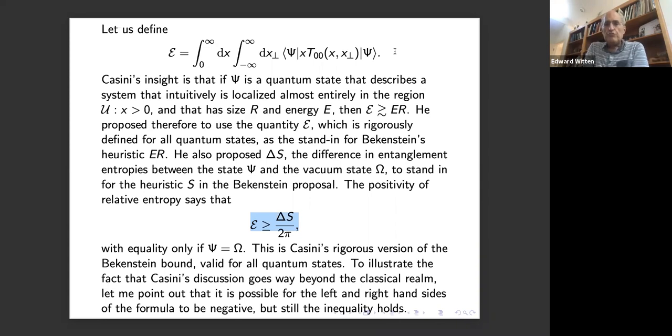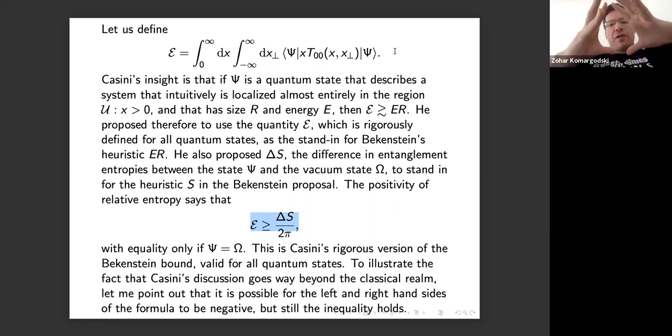And although it's true that the integral of T00 over the right half space isn't positive definite, for a state that's localized away from X equals 0, it is positive definite. It's the ordinary energy. So once you've shifted the position by a large amount, you will just be adding a multiple of the energy of the state. Okay, so you must assume that the state is localized in the right region, and then it's okay.